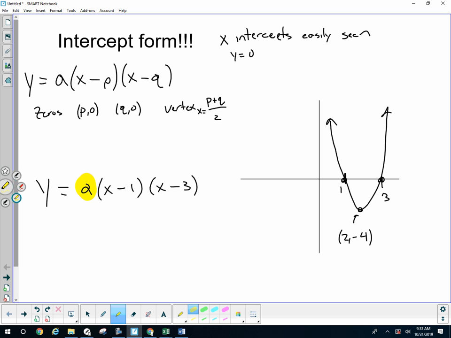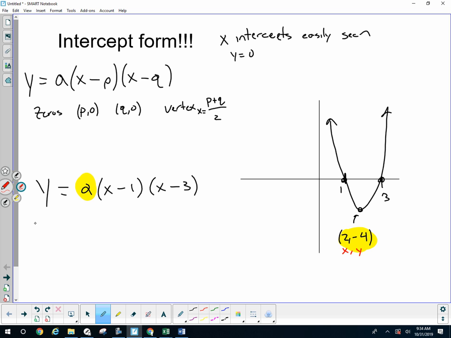This is very important, guys. We are going to use algebra to find A. We have a point, the vertex, on the graph of this quadratic. This is an x, comma, y solution to my quadratic.